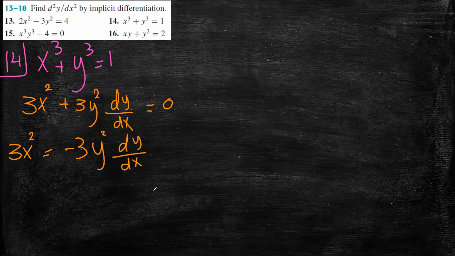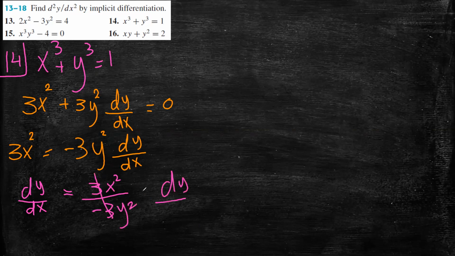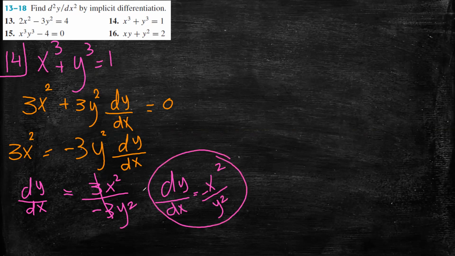Then dy over dx will be negative 3x squared over negative 3y squared, and since they cancel each other, dy over dx will be negative x squared over y squared. This is dy over dx.